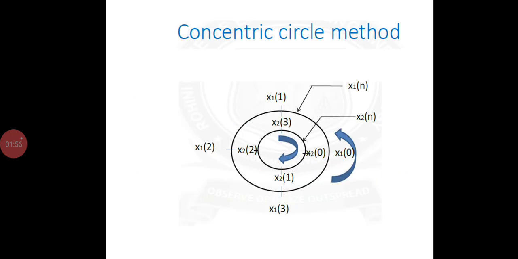In the concentric circle method, we are convolving the two sequences x1 of n and x2 of n, which are represented as concentric circles.